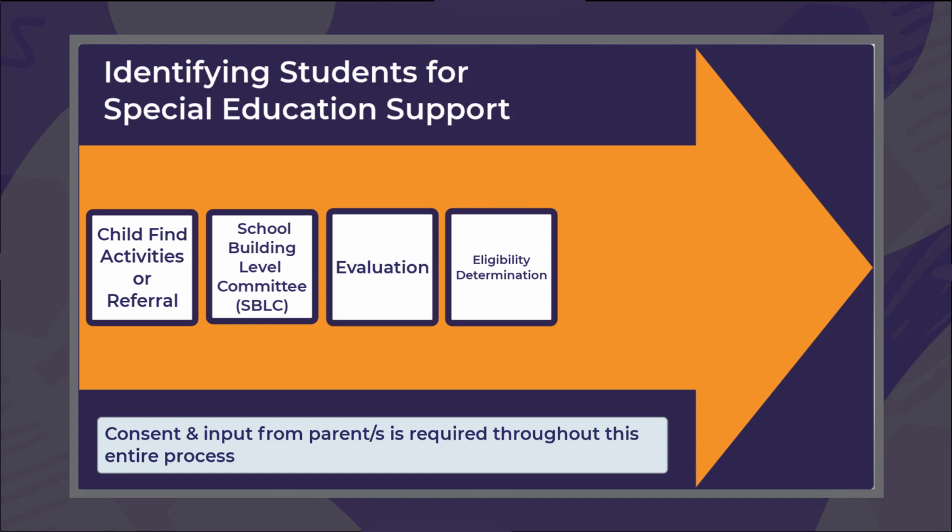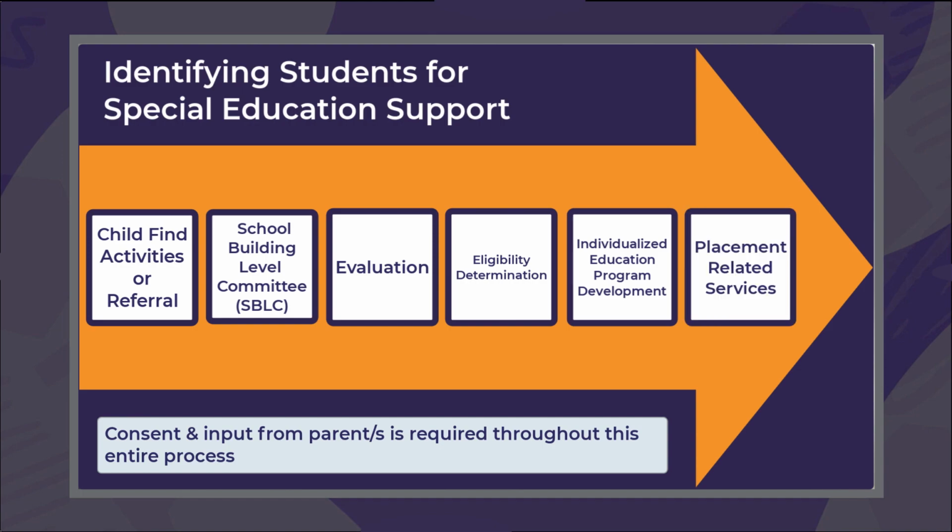If a student is identified as eligible for an individualized education plan, the IEP team then meets to design the supports and services the student needs to succeed. We will soon go over a list of individuals that will be part of that IEP team. After the IEP has been developed, the school will go about providing supports, which could involve placement in specialized programs or engagement with specific related service providers.